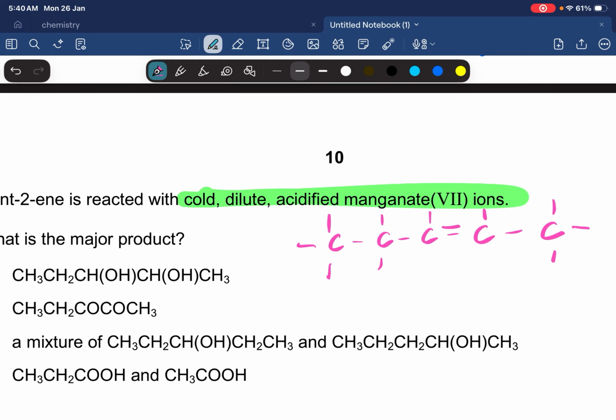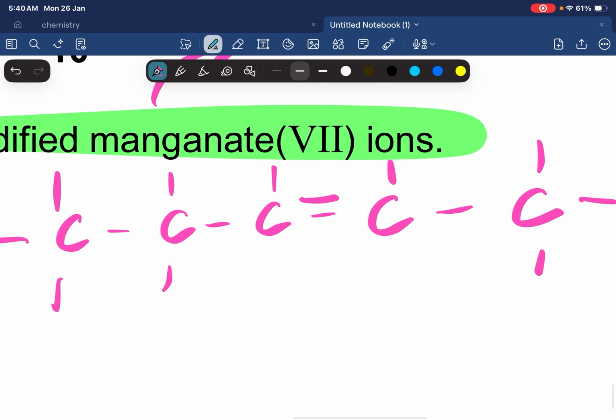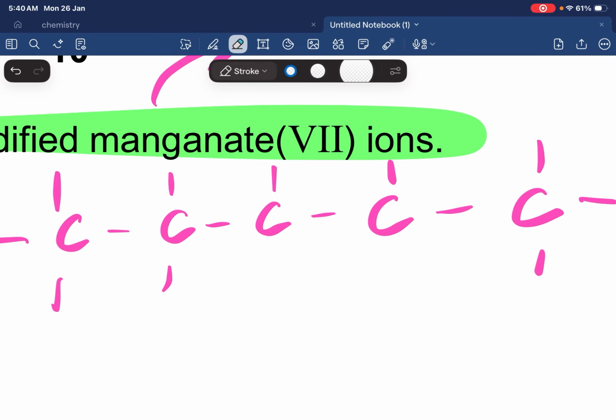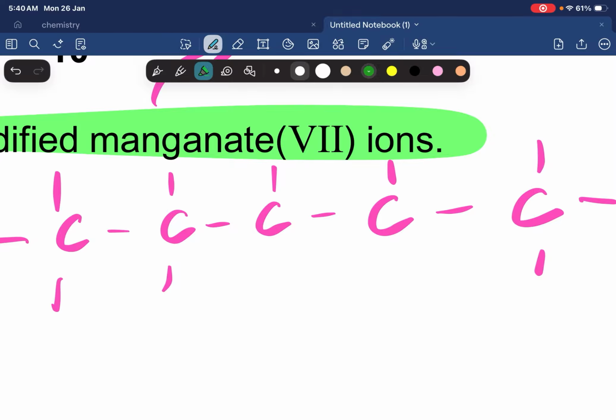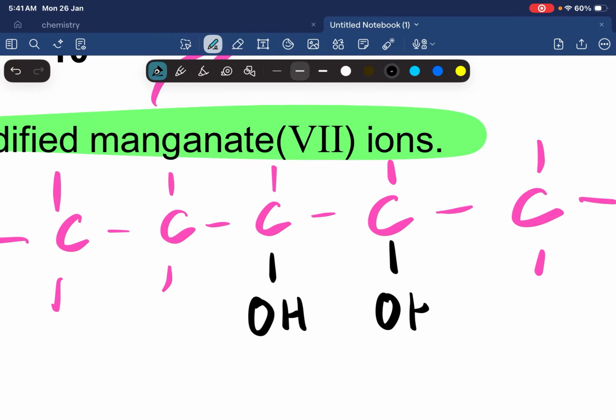When we make it react with cold dilute acidified manganate ions, it is basically oxidized to an alcohol. And what happens is that this double bond probably gonna break from here and we're gonna form a diol, right? So we're gonna attach an OH over here and another OH over here.